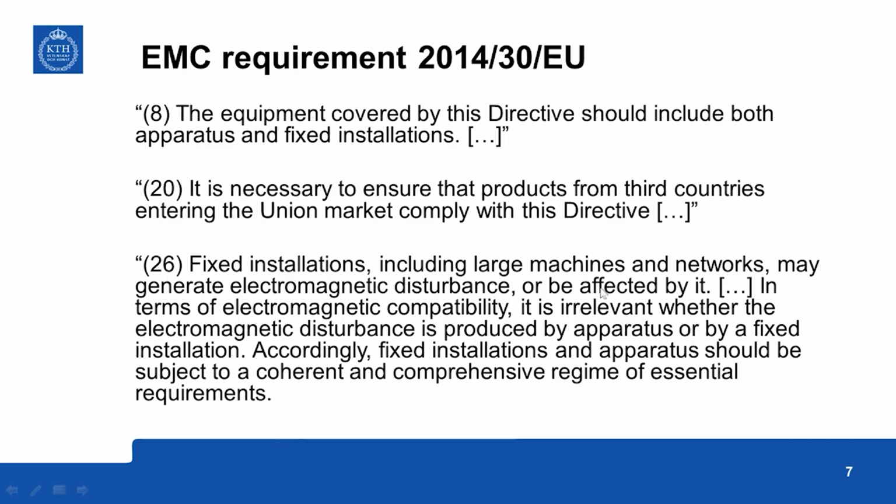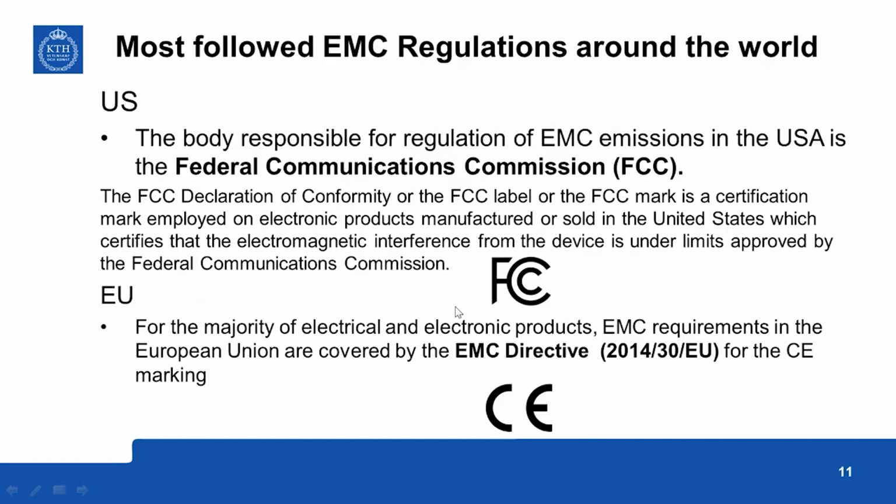The fixed installation, including large machines and networks, may generate electromagnetic disturbance or be affected by it. In terms of electromagnetic compatibility, it is irrelevant whether the electromagnetic disturbance is produced by the apparatus or by a fixed installation. Accordingly, fixed installations and apparatus should be subject to a coherent and comprehensive regime of essential requirements. We have seen this in the first example.